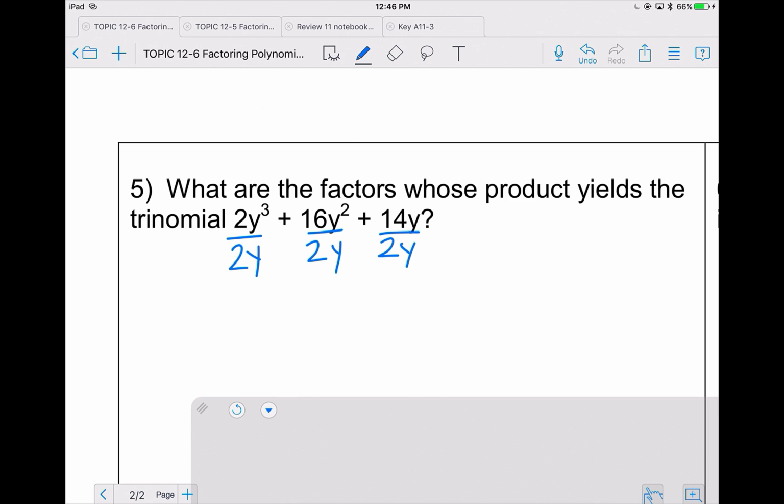So they all share a 2 and a y. Remember that we divide it out. So 2 divided by 2 is 1, or it cancels. And y cubed divided by y is y squared. My exponents get smaller. 16 divided by 2 is 8. Y to the 2 minus 1 is y. And then 14 divided by 2 is 7. Y divided by y cancels.